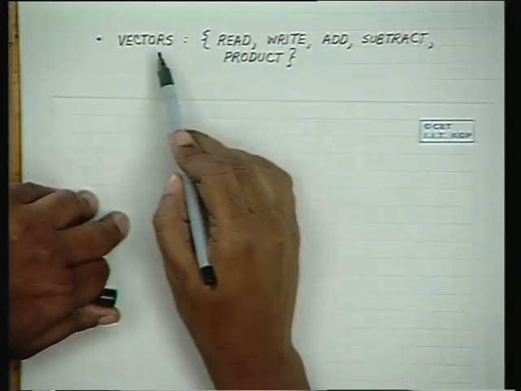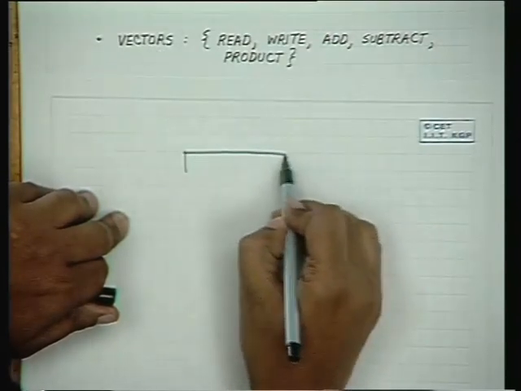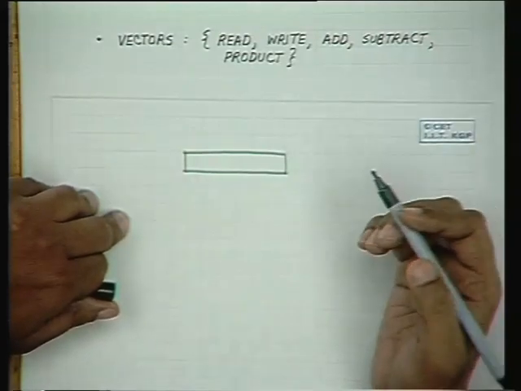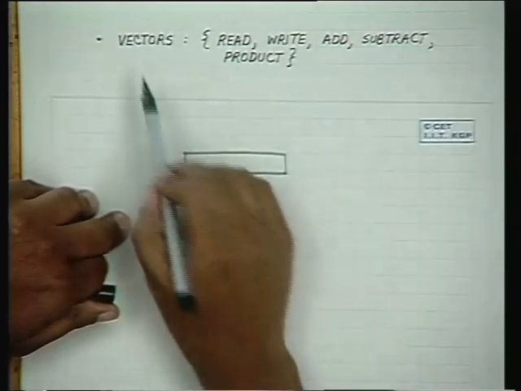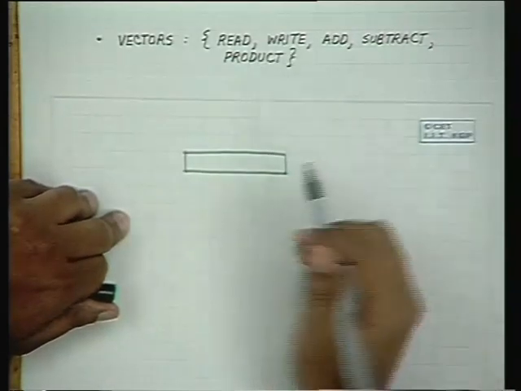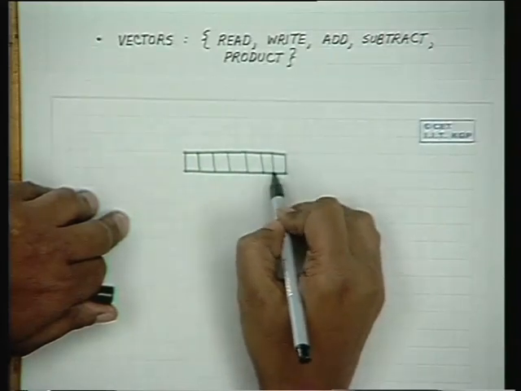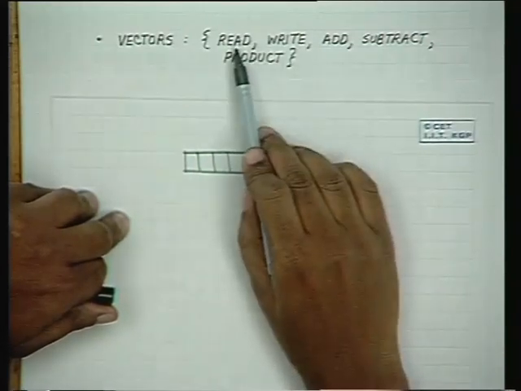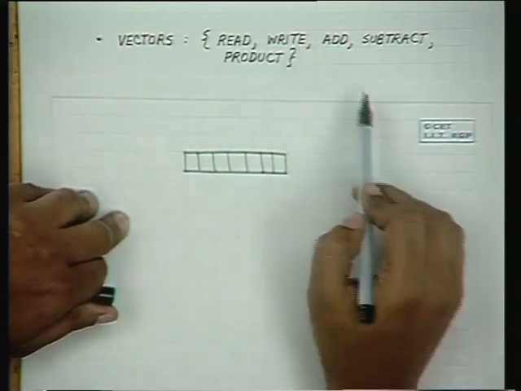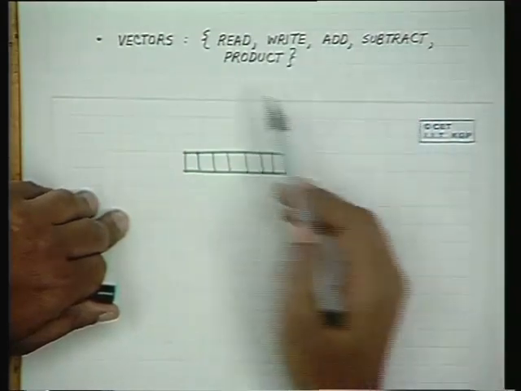But let us see what are the alternatives. Here again, if you know the size, you can define a vector as a block of an array by dynamically allocating that size. Once somebody asks you to declare a vector of a particular size, you can dynamically allocate that size as an array, and then you can do the read and store it, the write, print it, add two vectors in linear time, subtract two vectors, take the product.